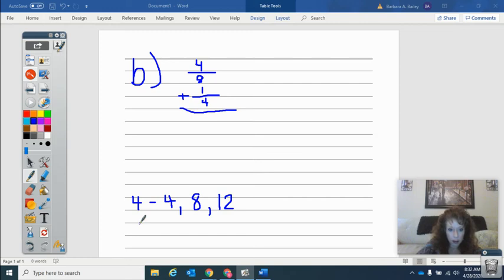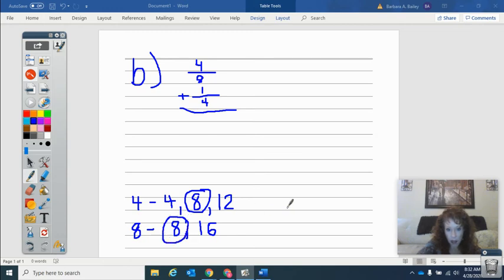But my multiples of 8 are 8 times 1 is 8. 8 times 2 is 16. All right, I'm going to stop there because I see there's an 8 here and an 8 here.